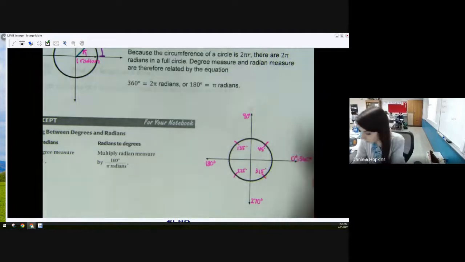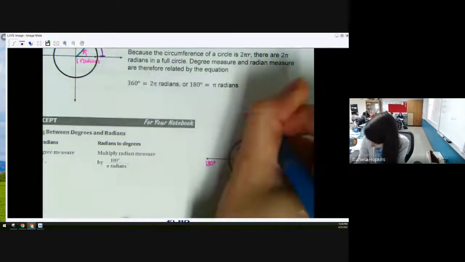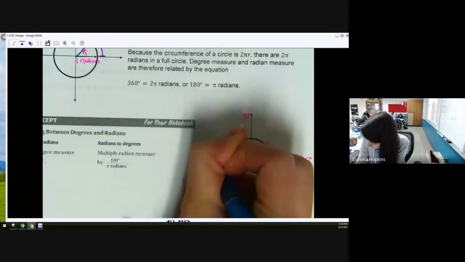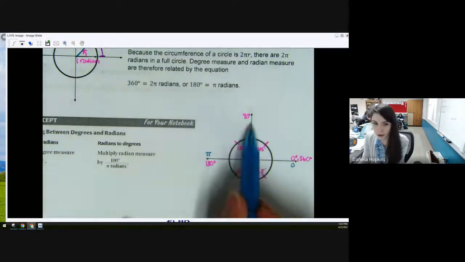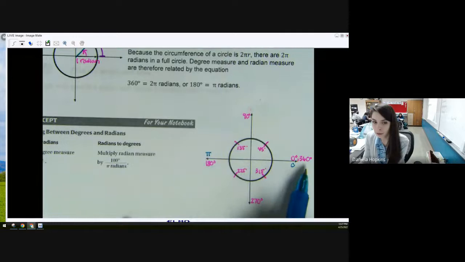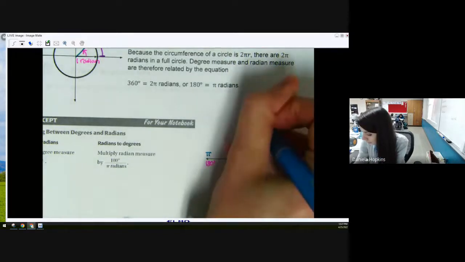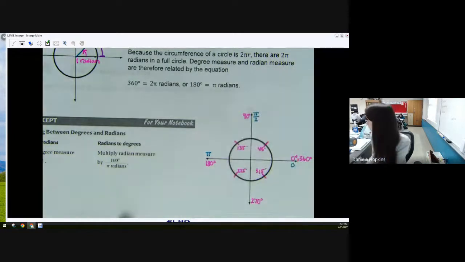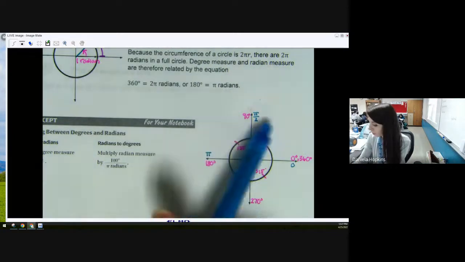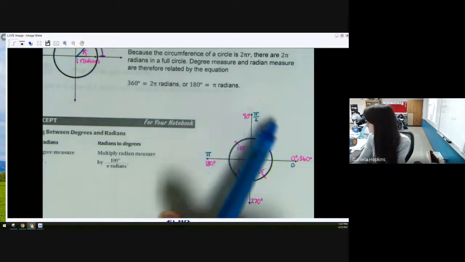What that definition above told us was that this is either 0 radians. This is pi radians. So if you think about 90 degrees as half of 180, half of pi would be pi over 2. Okay, that's 90 degrees. These are equivalent measurements, just in different units.